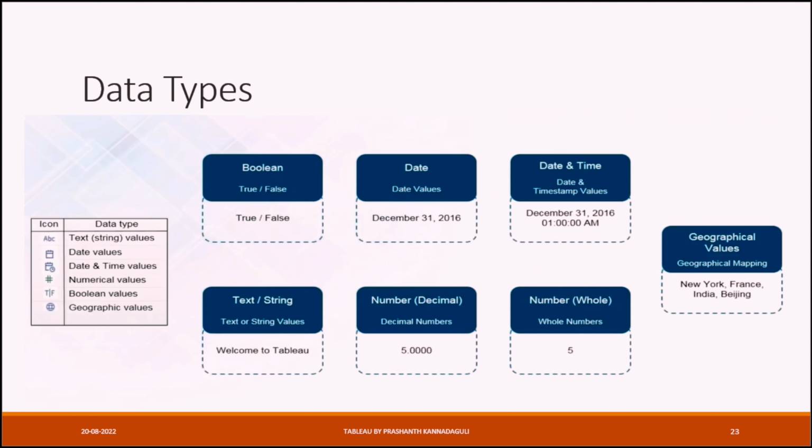Then we have text or string. We know numerical decimal values and whole numbers are supported. So these are the various data types we see and use regularly whenever we use Tableau.